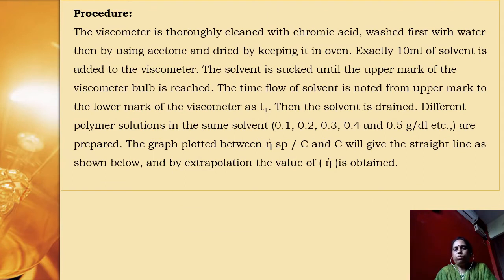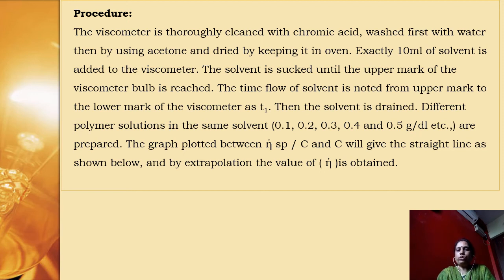What is the procedure to find the viscosity, or how do we proceed with the viscometer? First, the viscometer is thoroughly cleaned with chromic acid, washed first with water and then with acetone, and dried in an oven. Exactly 10 ml of solvent is added to the viscometer. The solvent is sucked until the upper mark of the viscometer bulb is reached.